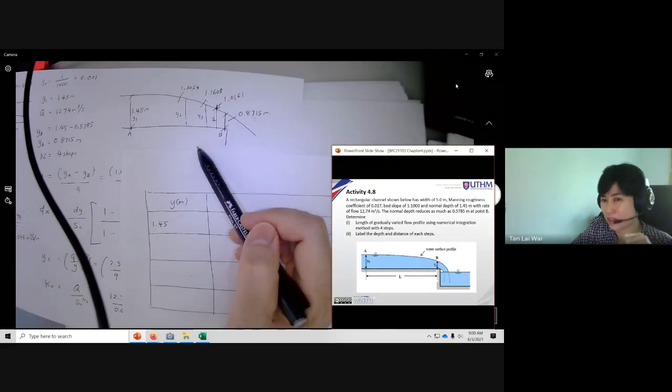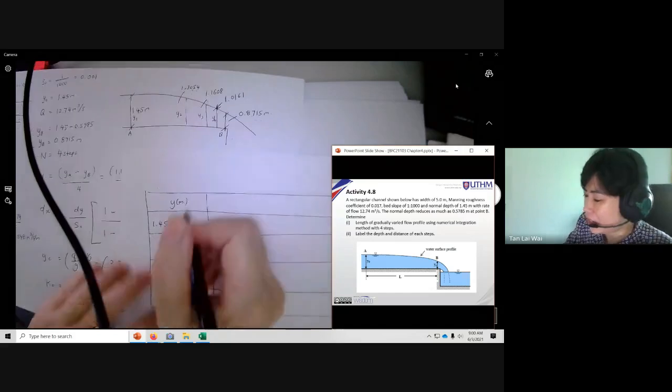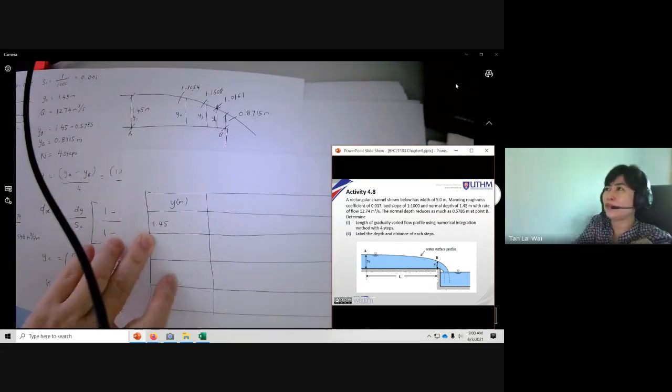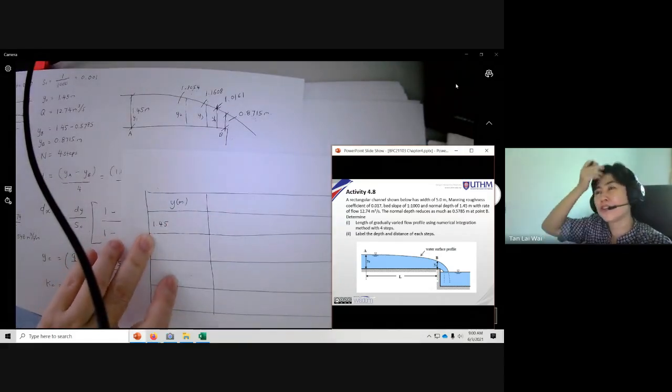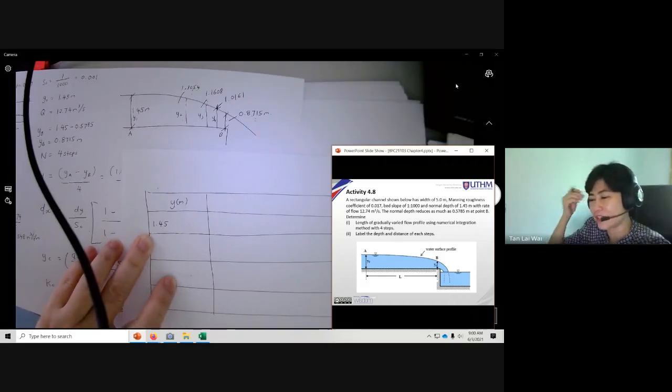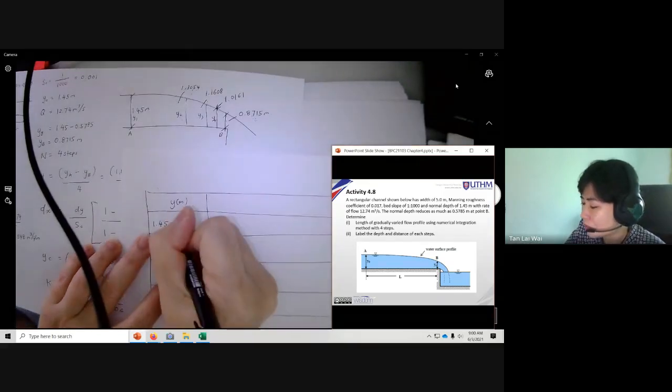Length is always positive. If you talk about acceleration, velocity, you can have negative, when there's a deceleration, then it's negative.